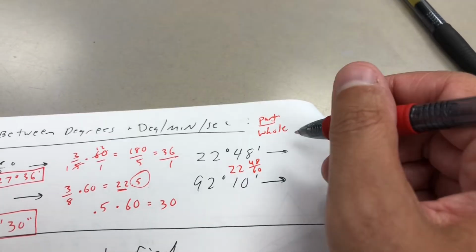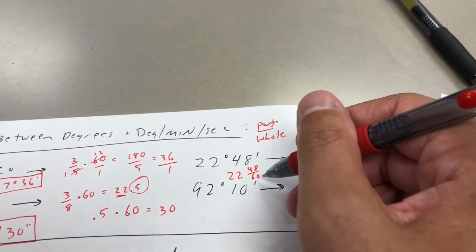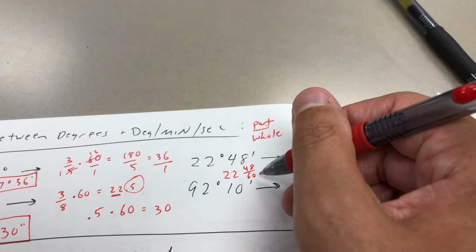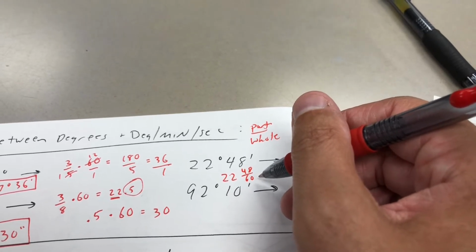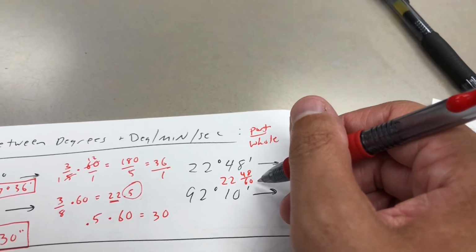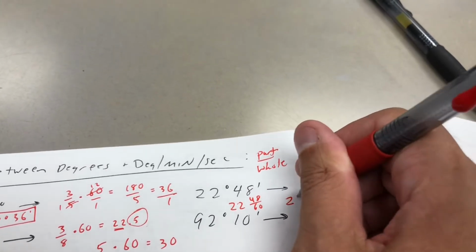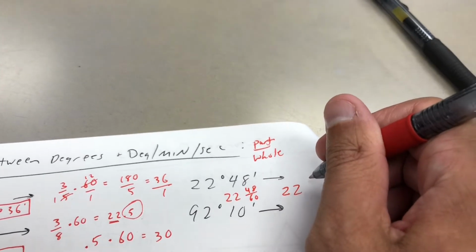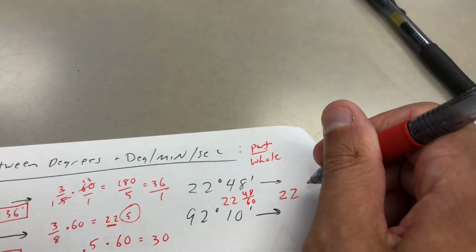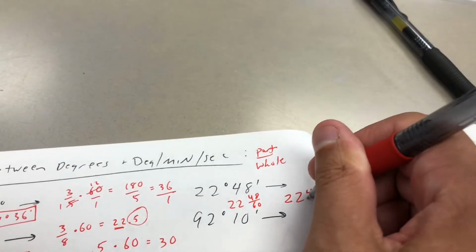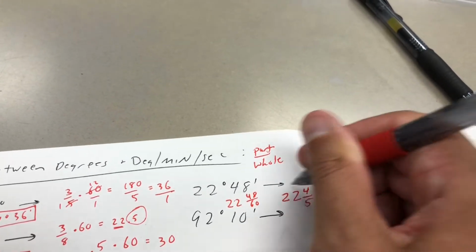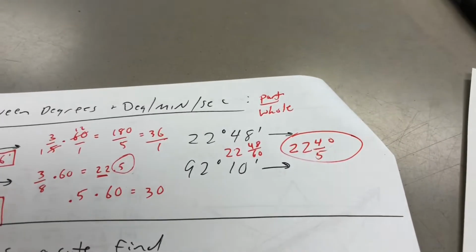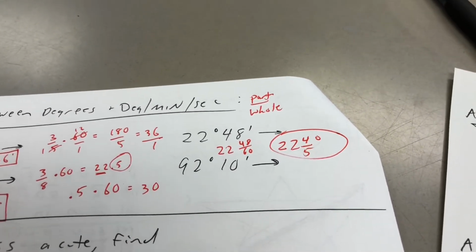And you can just simplify that fraction. 48 and 60 are both divisible by 4. They're both divisible by 12, actually. So 48 divided by 12 is 4. 60 divided by 12 is 5. So 22 and 4/5 degrees, or 22.8 if you want to turn it into a decimal.